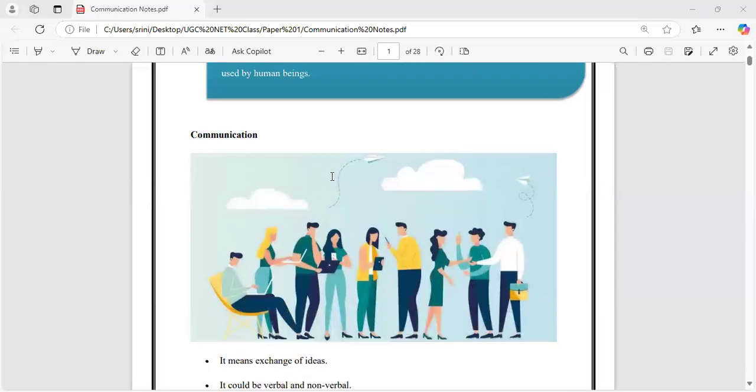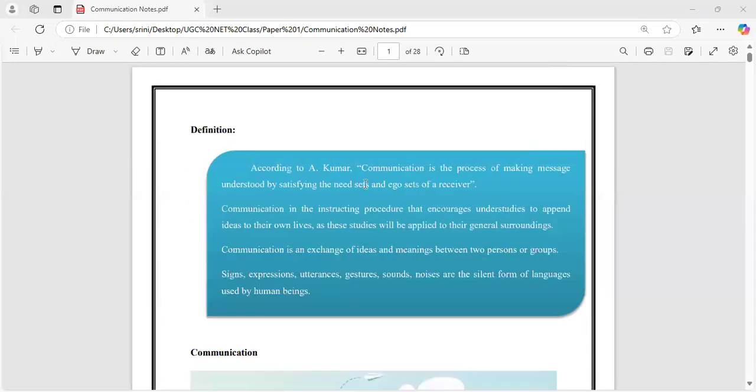So communication here is basically a process of making a message understood by satisfying the needs and ego sets of the receiver.